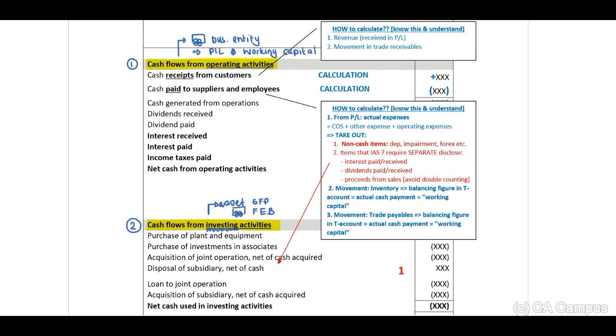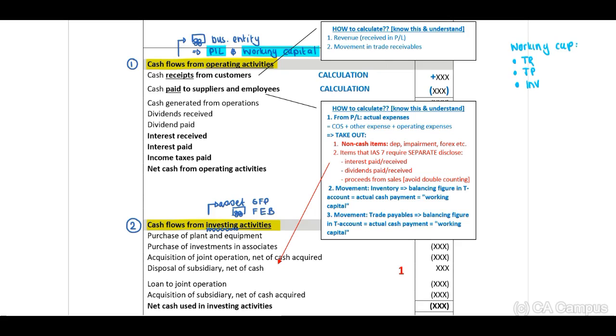You will remember that I have indicated that we need to use our profit and loss as well as our working capital. Now, when we refer to working capital, this will be the movement in our trade receivables, trade payables, and our inventory.